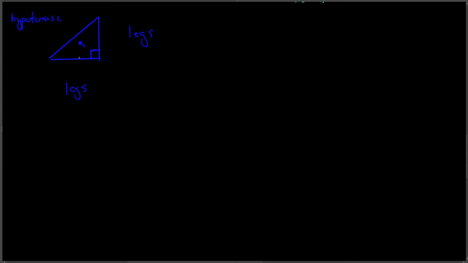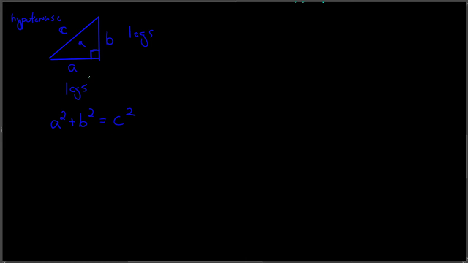Now these legs can be different sizes, so we're going to call this one A, this one B. The hypotenuse will usually be given the letter C. And what Pythagoras found was that A squared plus B squared equals C squared. Always. So the square of the legs equals the square of the hypotenuse.